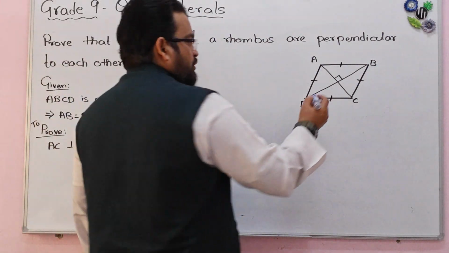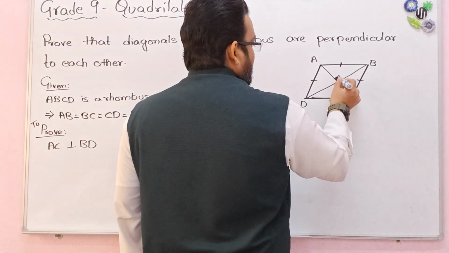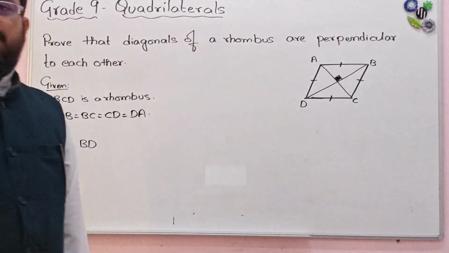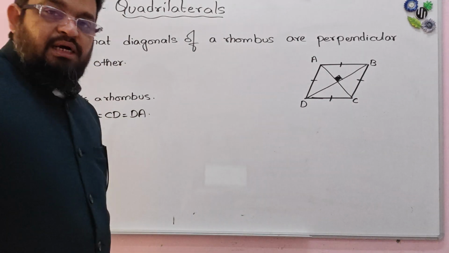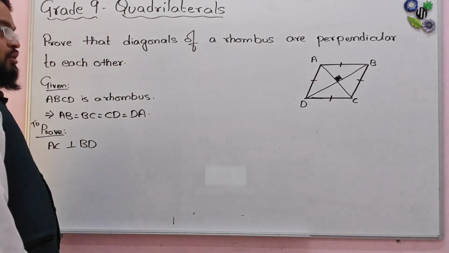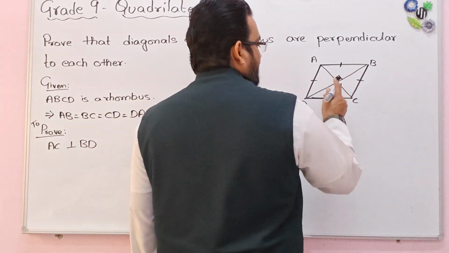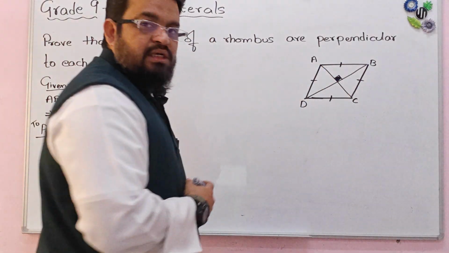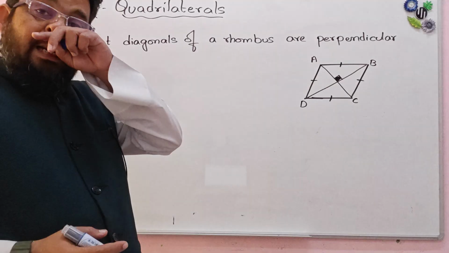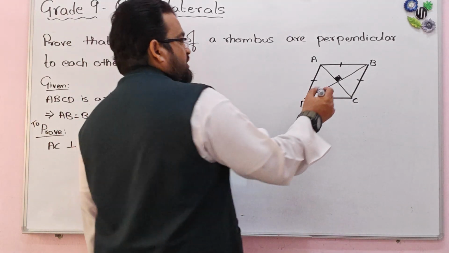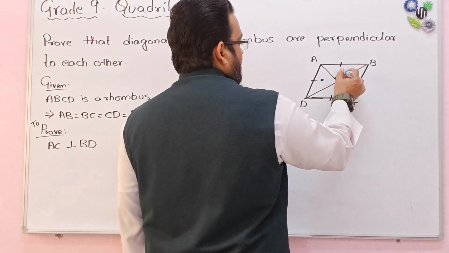So we have to prove that the angle between two diagonals is 90 degrees. Okay, so let us prove. See, when you have to prove the angle between two diagonals is 90 degrees, then you take adjacent triangles.